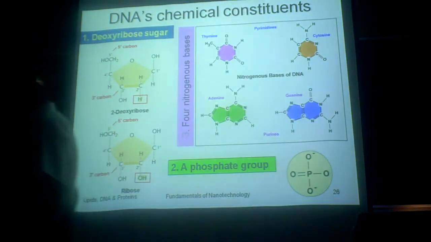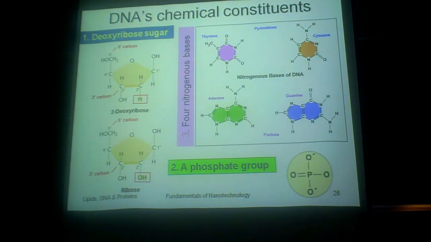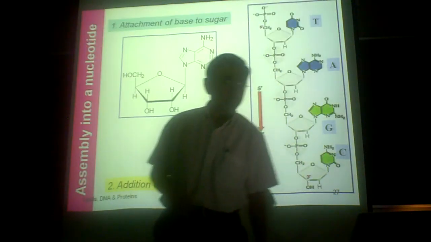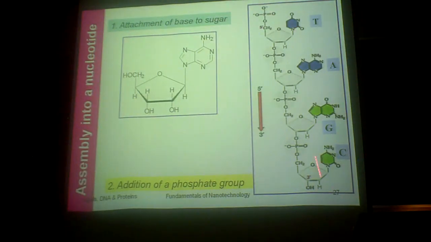Which is critical for the double helix structure. The thymine, cytosine, adenine, and guanine. Right? So these are the four nitrogen bases, we call base pairs, that you can then link together the deoxyribose sugar with the phosphate, and then you can produce what we call the DNA system, right?